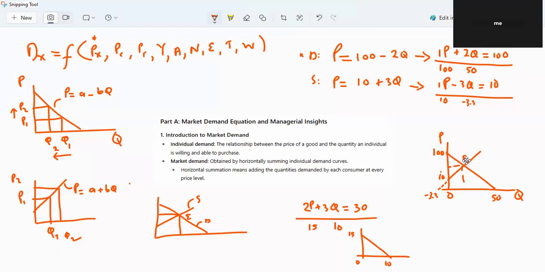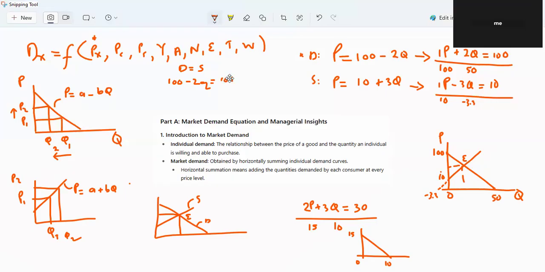So now, what happens at equilibrium? Demand is equal to what? Supply. At equilibrium, demand is equal to supply. Are we together? So our demand here is what? 100 minus 2Q. And what is our supply? 10 plus 3Q.